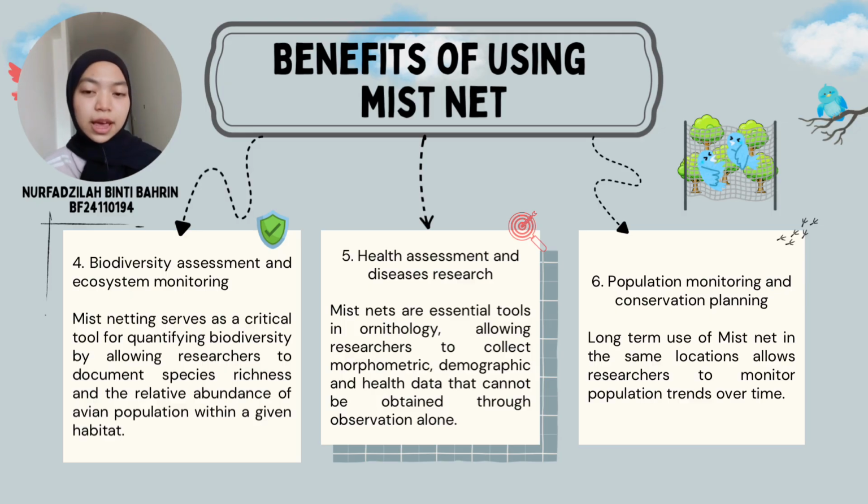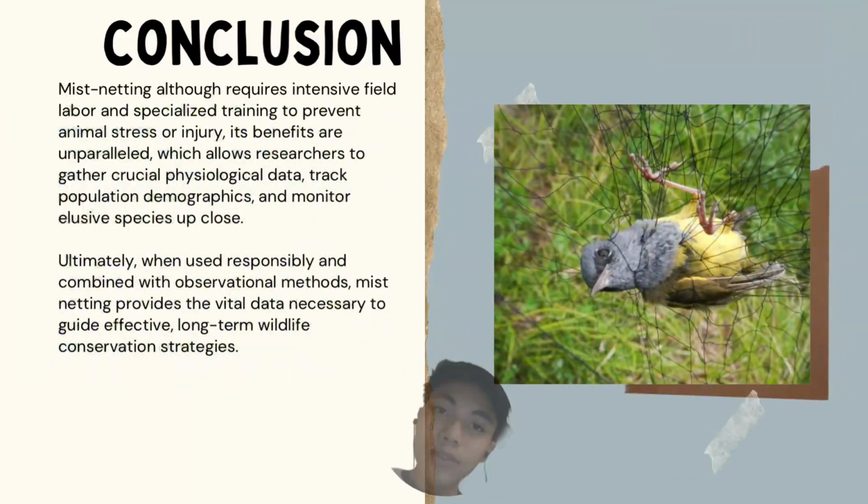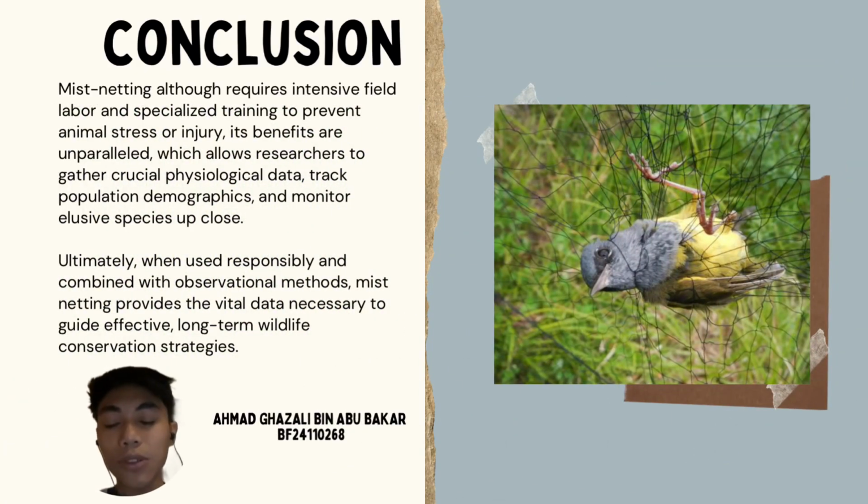Long-term use of mist nets in the same location allows researchers to monitor population trends over time. As for the mist netting conclusion, we can conclude that mist netting, although it requires intensive field labor and specialized training to prevent animal stress and injury, offers a lot of benefit for the researcher as it allows them to gather crucial physiological data, track population demographics, and monitor elusive species up close.